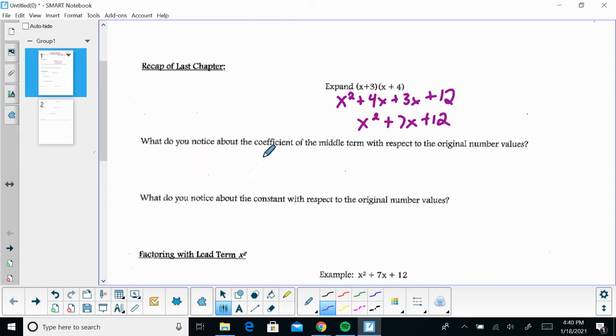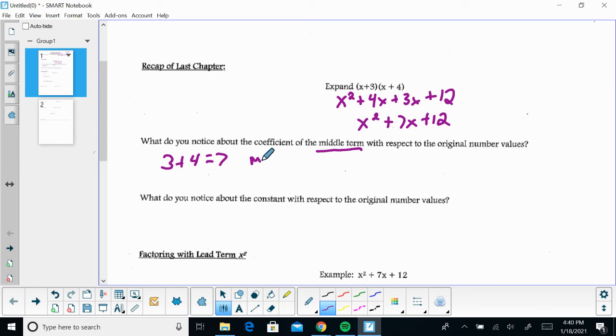What do we notice about the coefficient of the middle term with respect to the original numbers? Here our coefficient is 7. What can I do with the numbers up here in my original problem that would have gotten me 7? Well, 3 plus 4 equals 7, right?